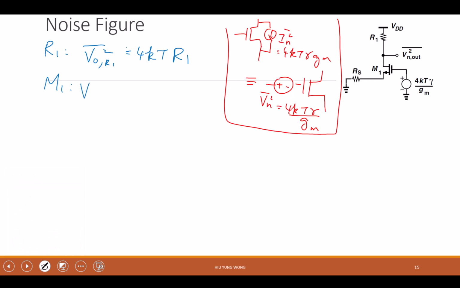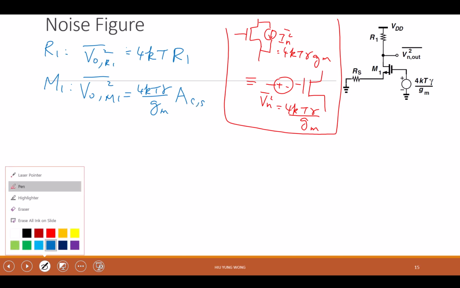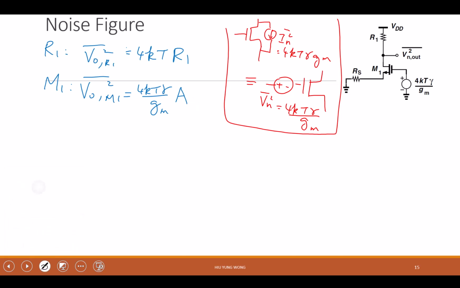Because I know that the output voltage noise due to M1 must equal 4kT gamma over gm, which is the gate noise power, times the gain of the common source amplifier with degeneration. Why have degeneration?